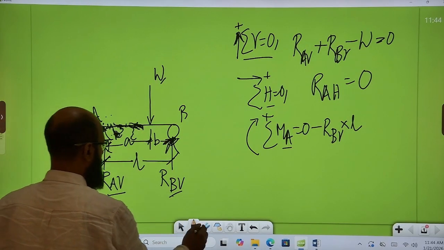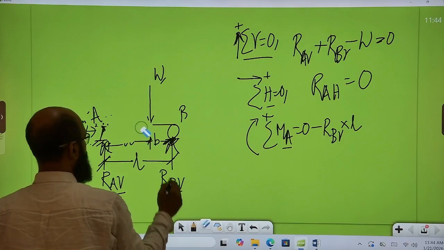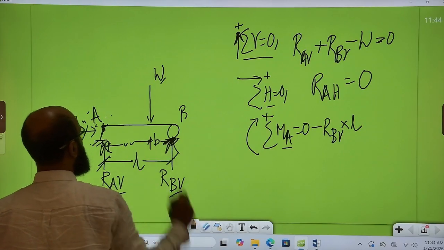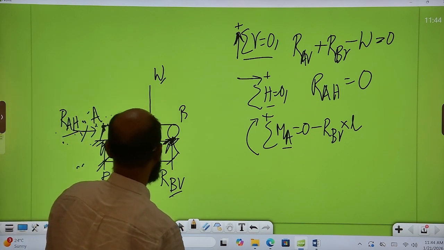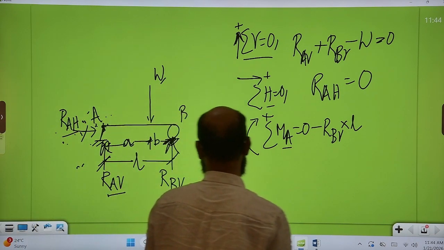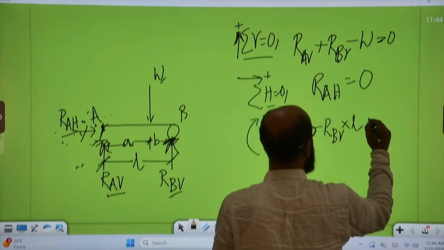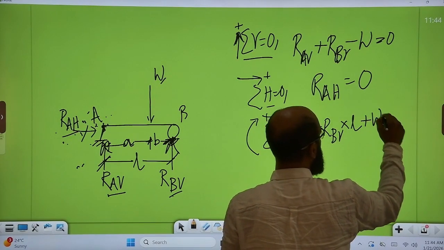Fine. So this is A and B. You can see W into a, clockwise, minus RBV into L equal to 0.